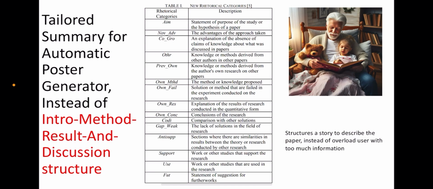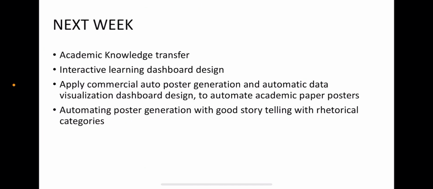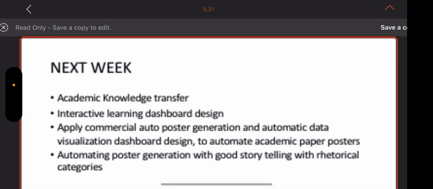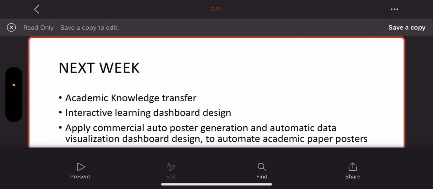It is what I view as a better way of describing the story in terms of a flow of logic. I think this different perspective of describing the paper would be helpful, and that's what I'm going to look into more. And those are some findings of this week.